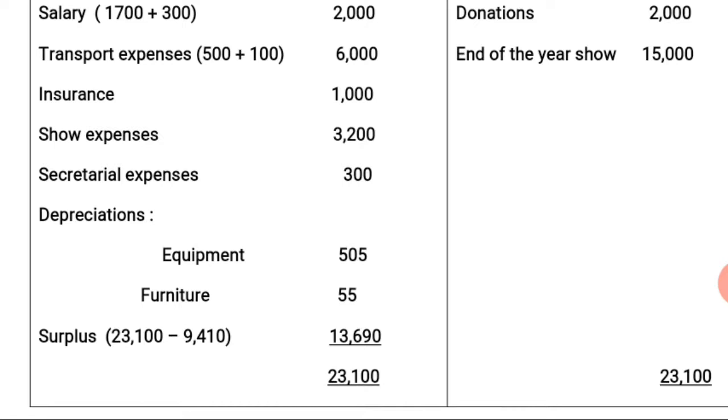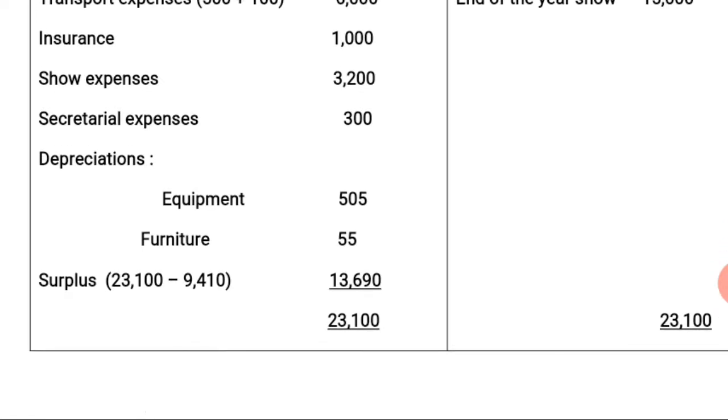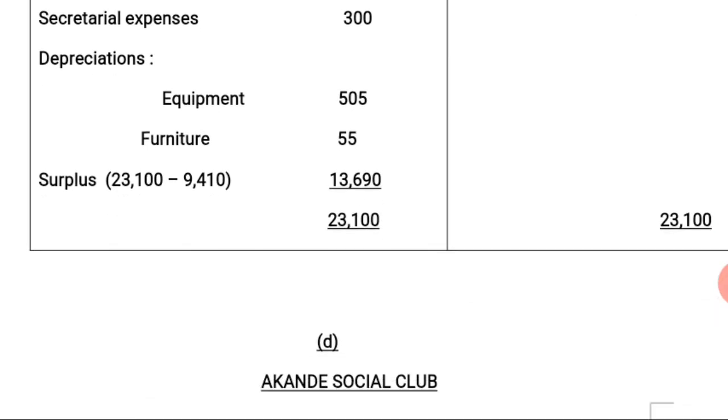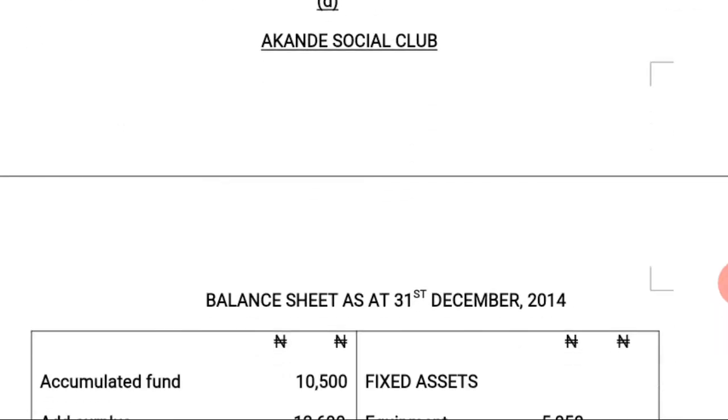So deduct the total of the expenses, 9,410 naira, from the total of the income, 23,100, you have the surplus of 13,690 naira. So having done that, you add everything together, you have the total of 23,100 on both sides of the income and expenditure accounts.